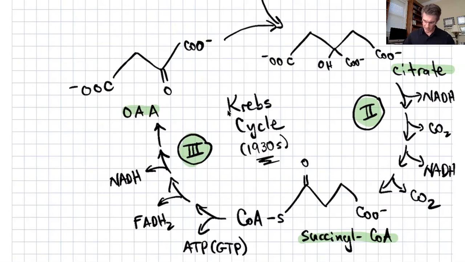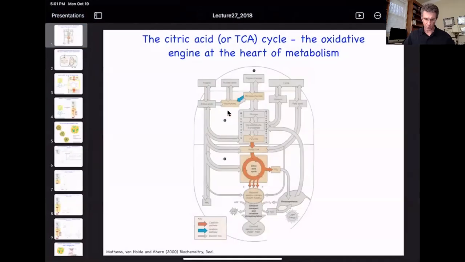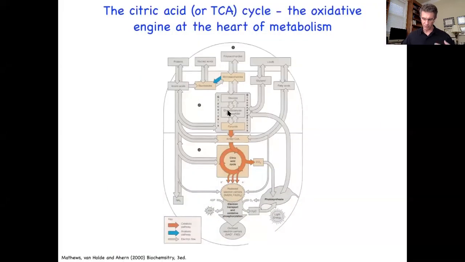Okay, so the TCA cycle is, of course, this central engine right here at the core of intermediary metabolism. It's sort of the furnace, right? If glycolysis was one of our big inputs here, coming down here, we got polysaccharides, monosaccharides, convert anything we can to glucose, we can just pump through glycolysis, and then on into pyruvate.